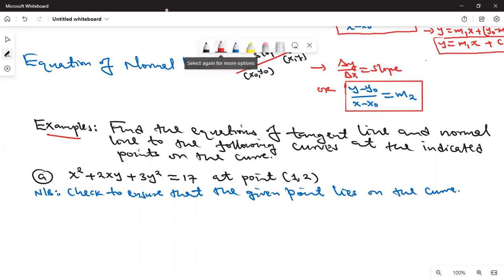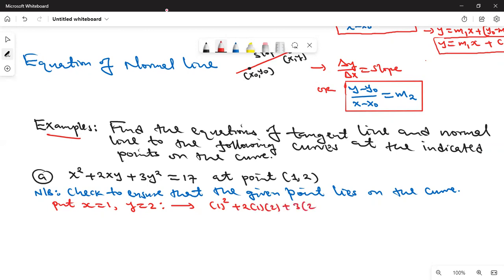x value is 1, y is 2. So what do we get? That means 1 squared plus 2 into 1 times 2 plus 3 into 2 squared. What is it equal to?